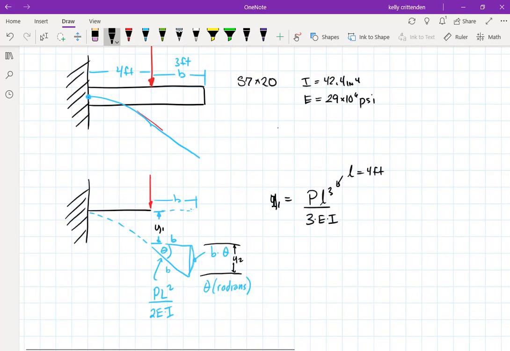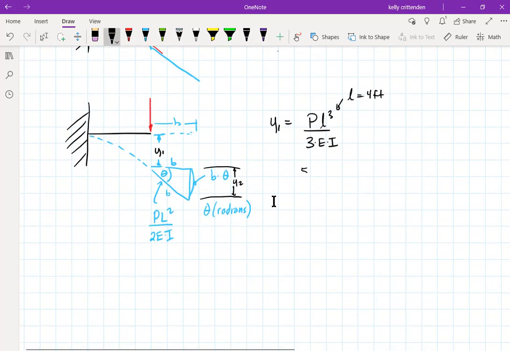So P is, I made it 5,000 pounds. Like I said, L is 4 feet, so 48 inches, but we have to cube that, over 3 times 29 million PSI and 42.4 inches to the fourth. And calculate that number. 5,000 times 48 cubed divided by 3.